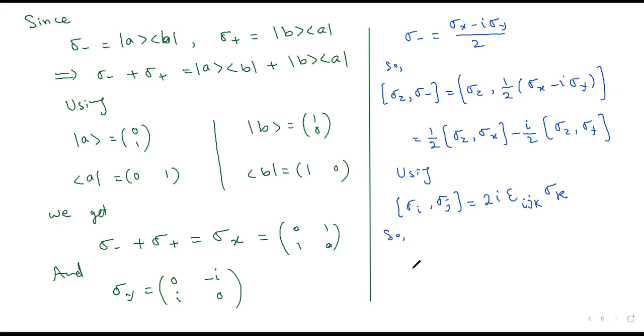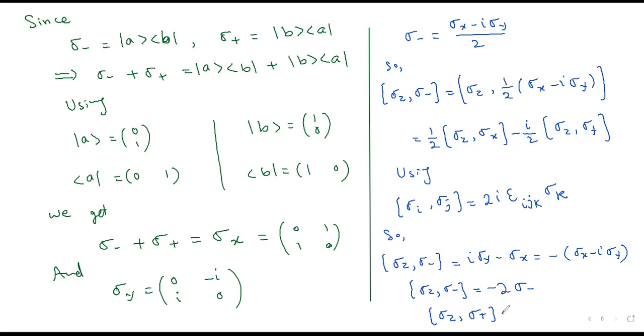So we'll get sigma z sigma minus equals iota sigma y minus sigma x, and taking the minus out, minus sigma x minus iota sigma y. Basically we will have minus 2 sigma minus. Similarly, we can also calculate sigma z sigma positive, which will just be 2 sigma positive.